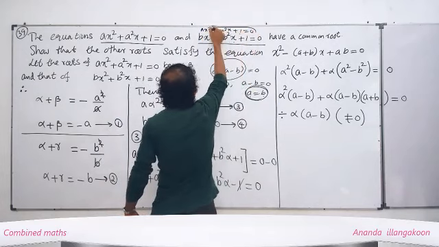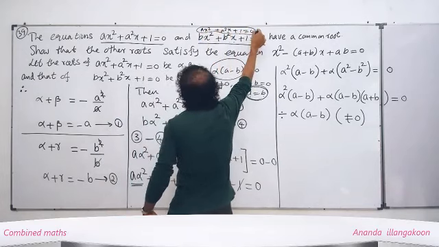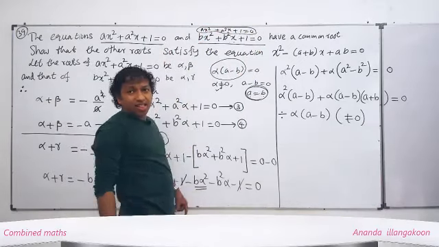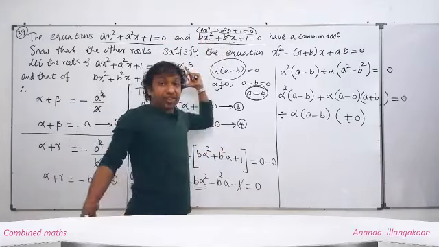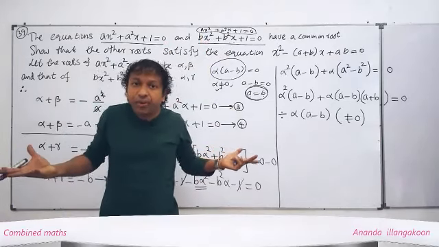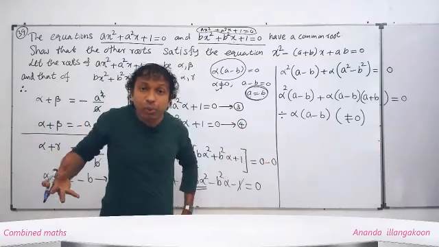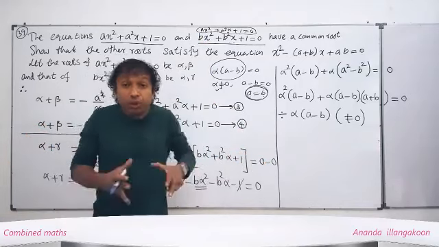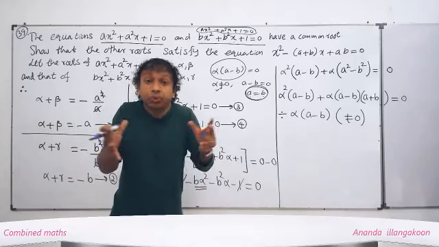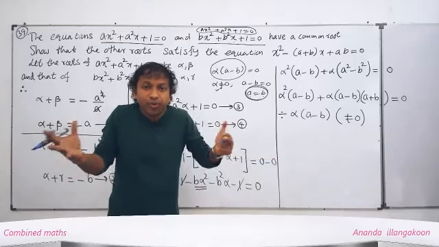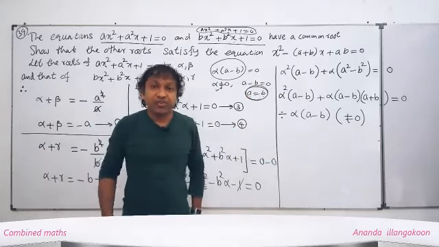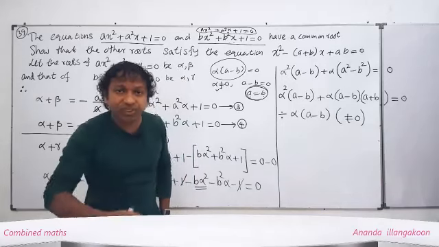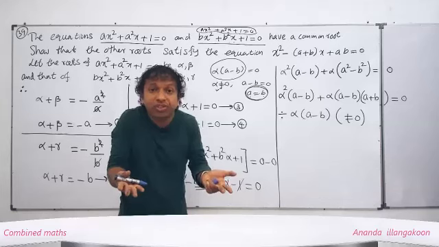Then when A equals B, we don't have two different equations. Both the equations become the same. If we don't have two different equations, how can we talk about a common root? In order to have something common, we should have two different equations. Only for two different quadratic equations can we speak about a common root. If we have only one quadratic equation, can we talk about a common root? No.